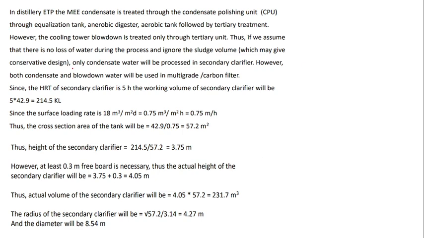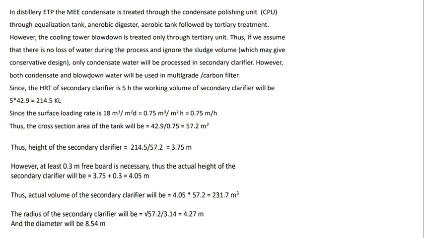I will read this one before solving it. In distillery ETP, MEE condensate is treated through the condensate polishing unit, through the equalization tank, anaerobic digester, aerobic tank, followed by the tertiary treatment. However, the cooling tower blowdown is treated only through the tertiary unit. Thus, if we assume that there is no loss of water during the process and ignore the sludge volume, only the condensate water will be processed in the secondary clarifier.